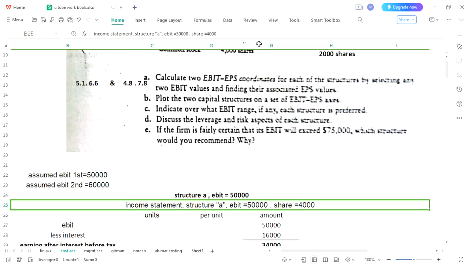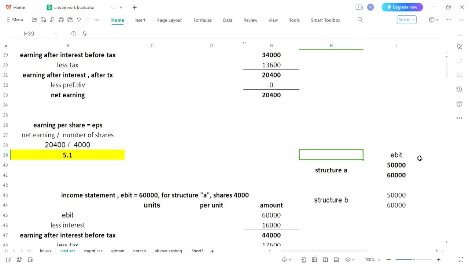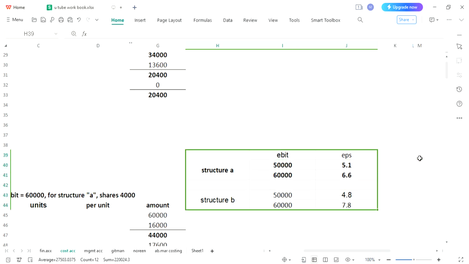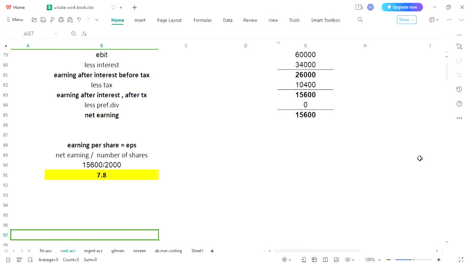So get back to the question. Plot two capital structures on set of EBT, EBIT and EPS. Here you have already created this structure, EBIT and EPS. Let's take them and now we will be putting them on our graph.